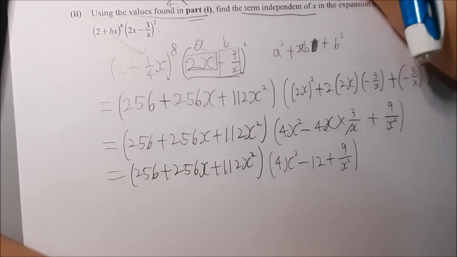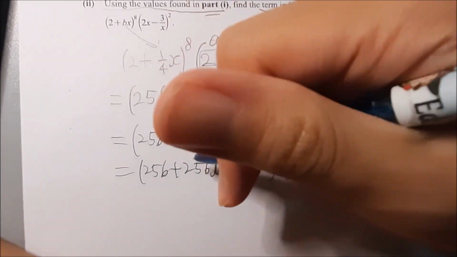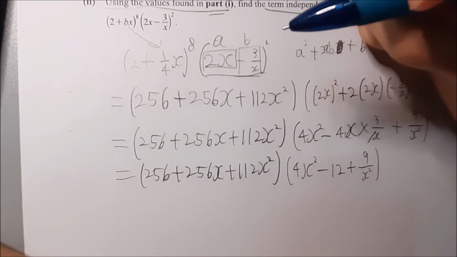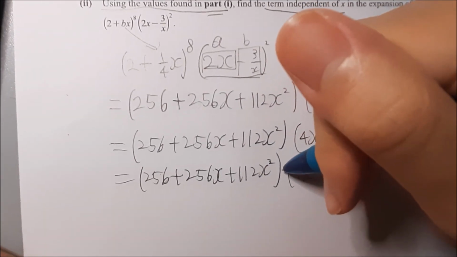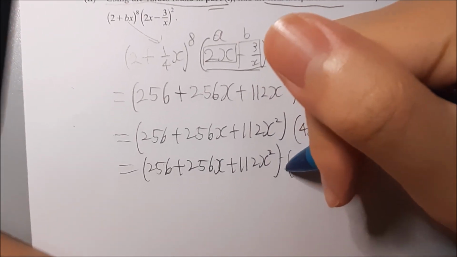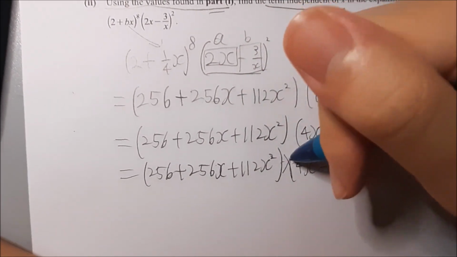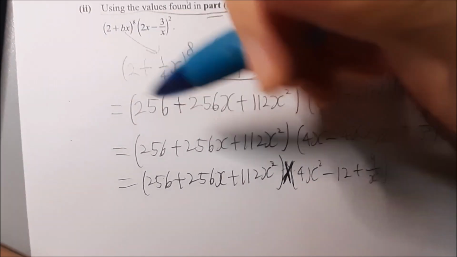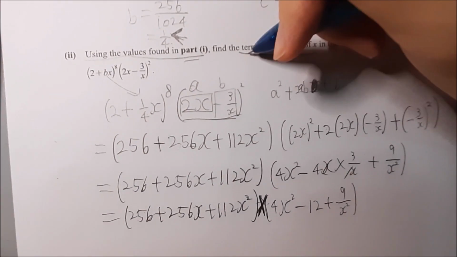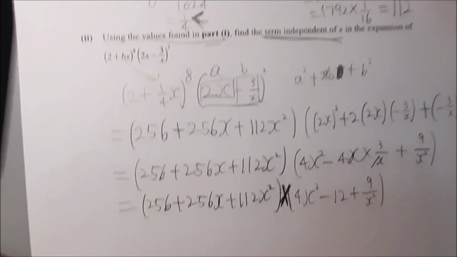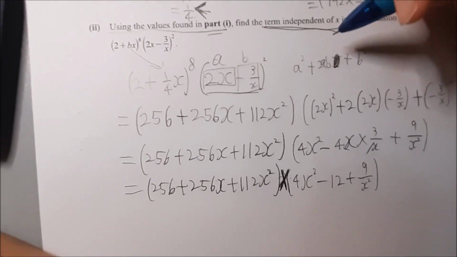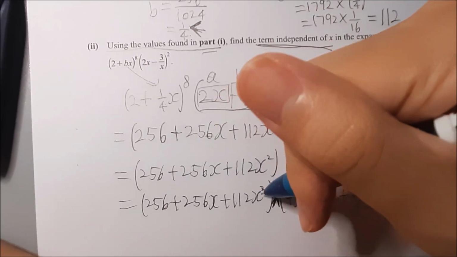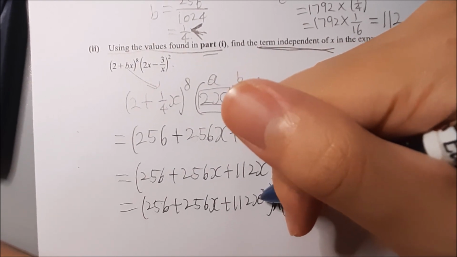And from here you have to find out which of these terms, since you already know that if there's two brackets facing each other, it means that is multiply. So what you have to do is find the term which is independent of x, which means that specific term that you found will not include the x value.